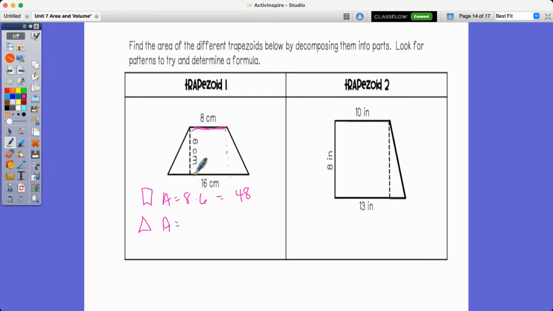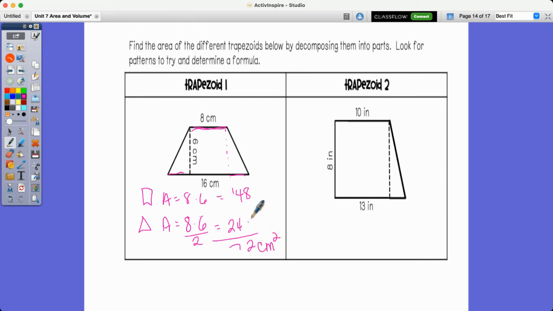My base here is we have our 6, and then we have this piece plus this piece for my triangle, and that is 8. Then we divide that by 2, so 48 divided by 2 is 24. Then we add these together and we get 72 centimeters squared.